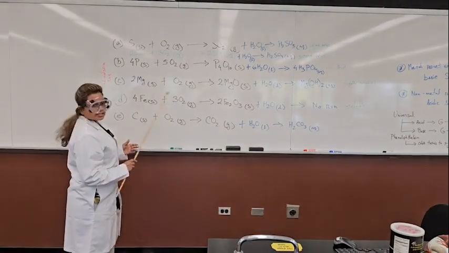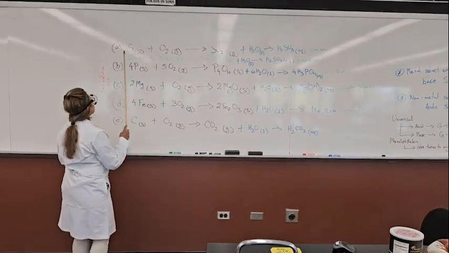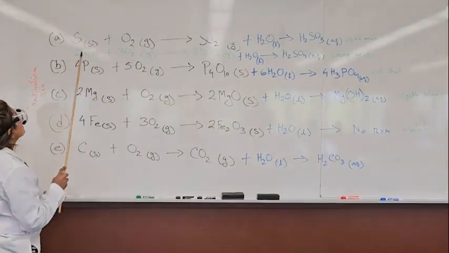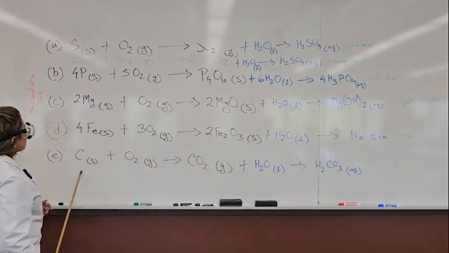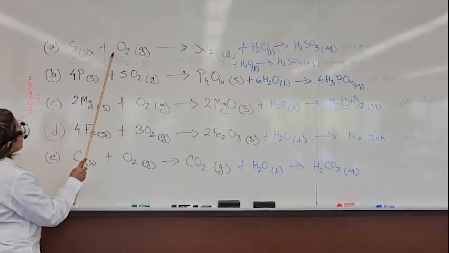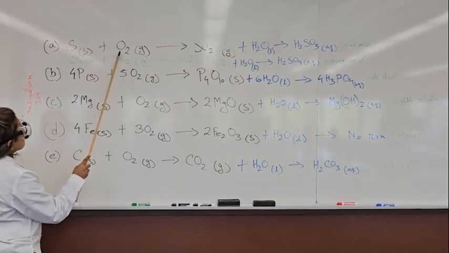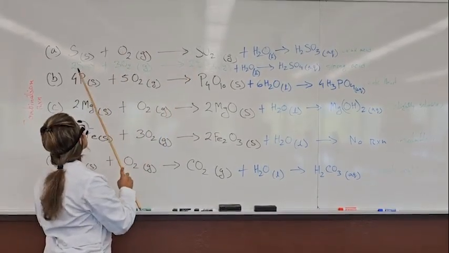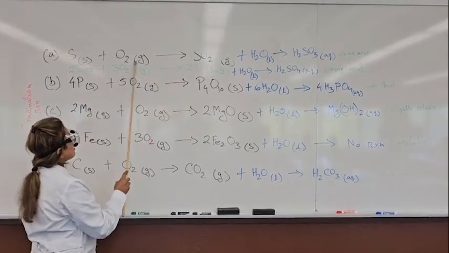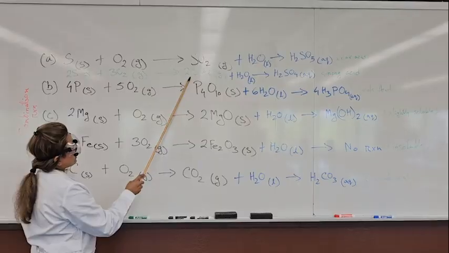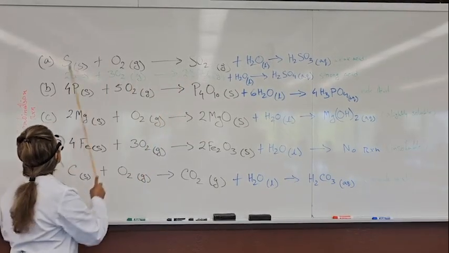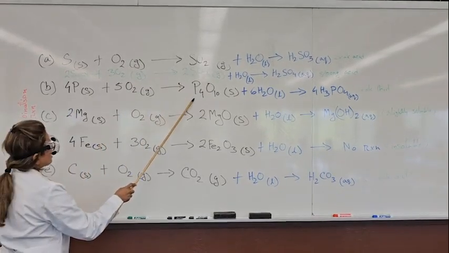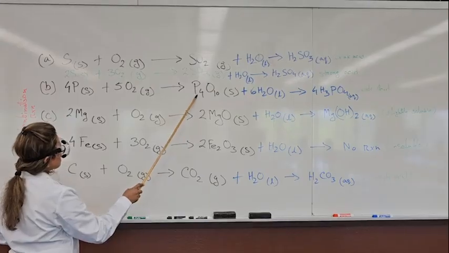Now come to the reactions. This is when we did the reaction inside the hood. These are all the pure elements. Sulfur reacts with the oxygen in a jar to make sulfur dioxide. Sulfur can also make sulfur trioxide with oxygen. Phosphorus reacts with oxygen to make tetraphosphorus decaoxide.